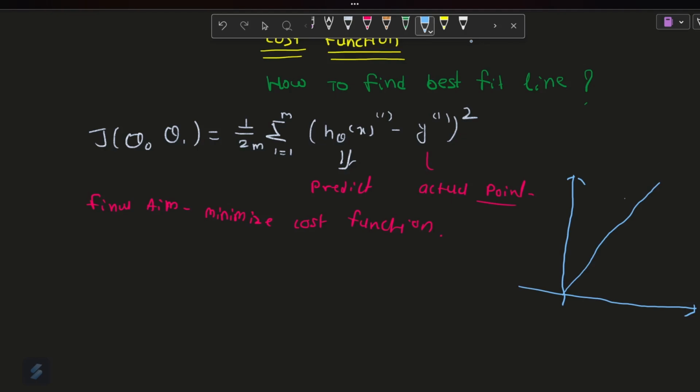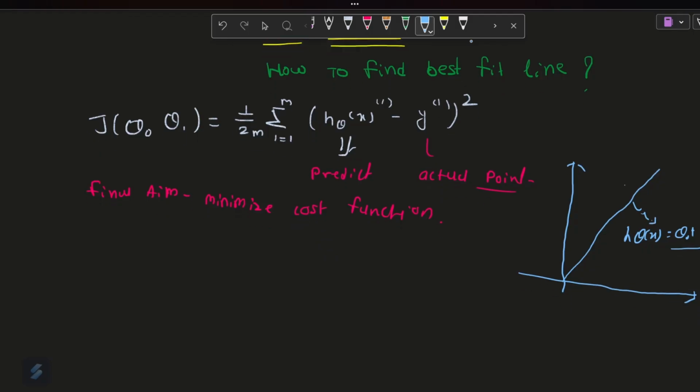Its equation is h theta of x equal to theta 0 plus theta 1 x1. This is the equation of that line. In that case, the aim is to minimize the cost function, so we reduce the cost function.